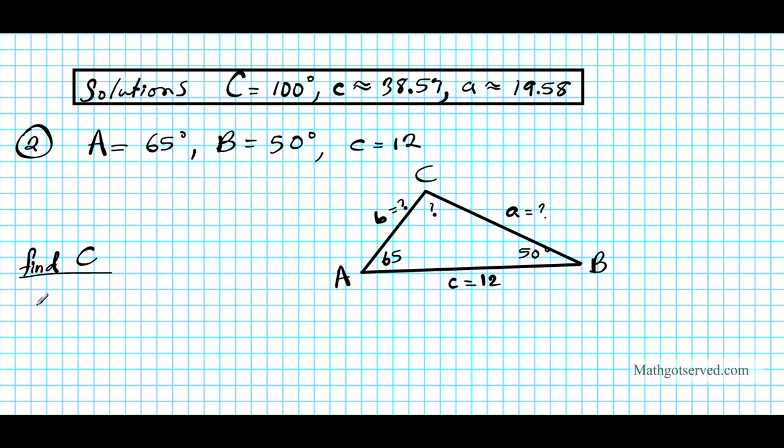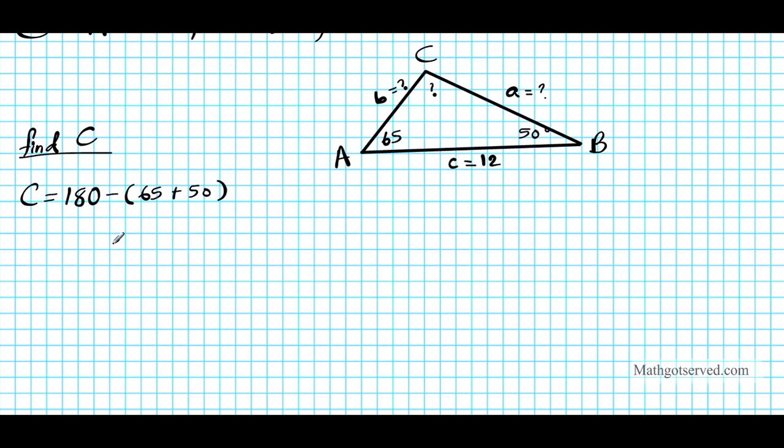To find big C, we know that the sum of angles equals 180. So C is simply 180 minus the sum of the other two, which is 65 plus 50. Then C equals 180 minus 115, which is 65 degrees.